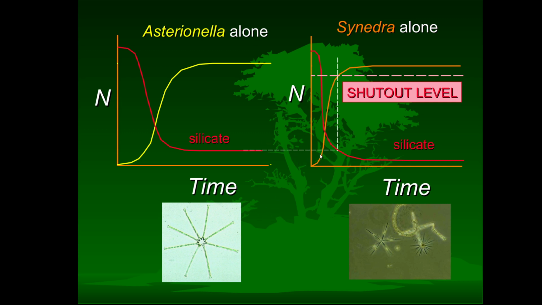So what's the population density that Synedra needs to reach in order to do that? Well, if it reaches this density right here, then it brings the silicate level down to a level where Asterionella's growth rate is no longer positive. And so this is the shutout level of Synedra. If it reaches this level, then it shuts out the Asterionella.